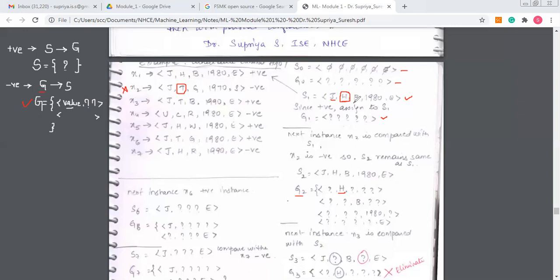Next, I'm going to check the other value. It is B and G. Again a difference is observed. So I'm going to take this specific value, blue, put it into the constraint, and the rest remaining all as question marks. Generic to specific value. Then 1980 and 1970, it's again a different one.